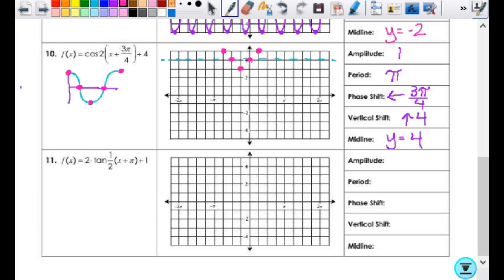We good? There you go. That's what it should look like.